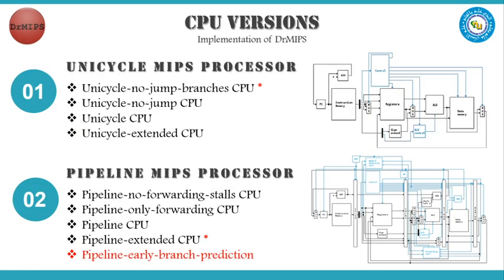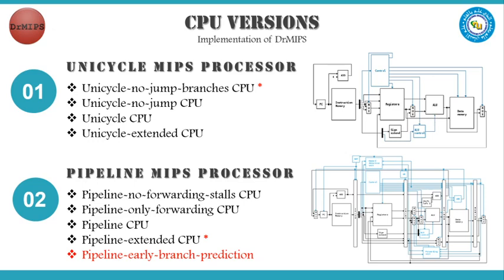The CPU versions that are available in the Dr. MIPS simulator are as you can see on this screen. The unicycle MIPS processor has four versions. The very basic unicycle data path or CPU version that is available is the unicycle with no jumps nor branches, which is displayed on this screen.